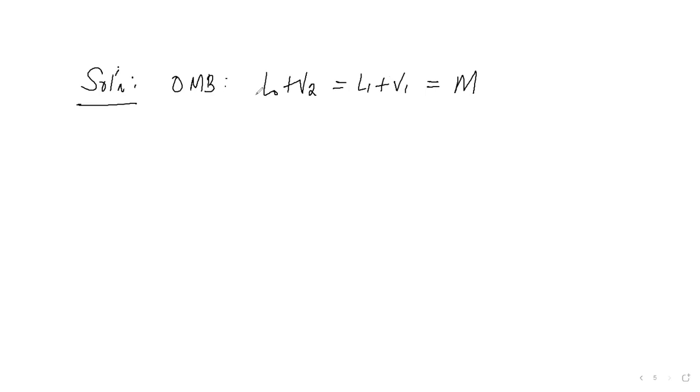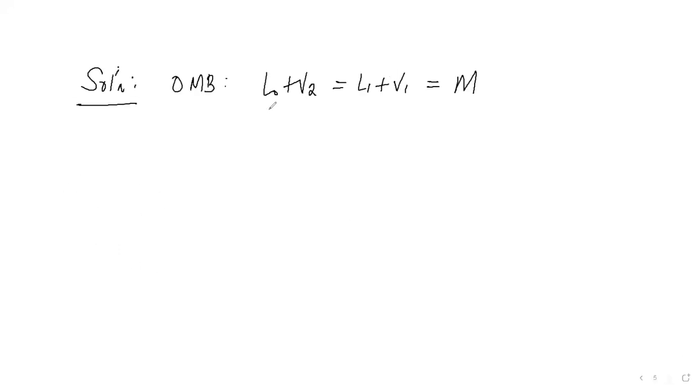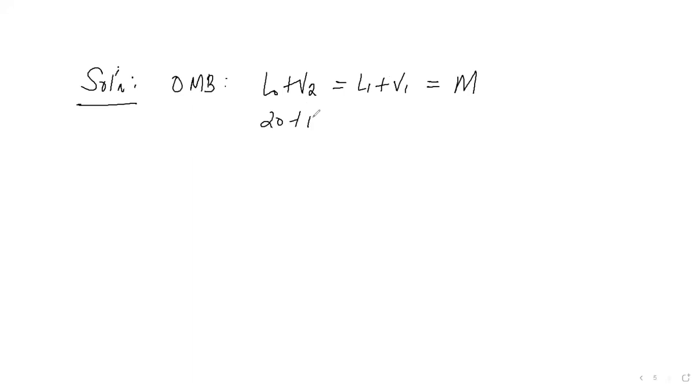For the L0, the feed, you will only have the A. So then that would be your 20. So it's only the 20. As for V2, you only have C. So that's the entire thing, which is 100. So you place here 100.